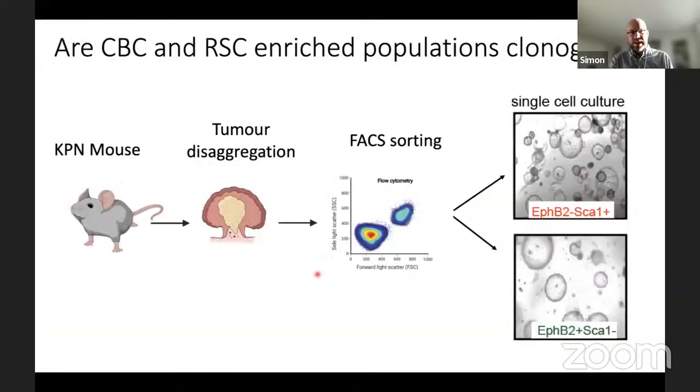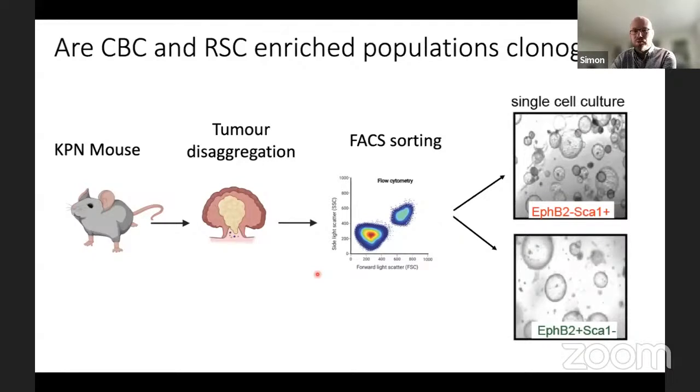So the next question we really needed to answer, and we had to do this for the publication, was, are both of these crypt-based columnar and regenerative enriched populations clonogenic? And that's a really important question in stem cell work. So to do that, we had to take the KPN mouse. KPN is KRAS P53 and Notch. We took that mouse because it's largely enriched for regenerative stem cells, although there are some LGR5 crypt-based columnar stem cells in there too.